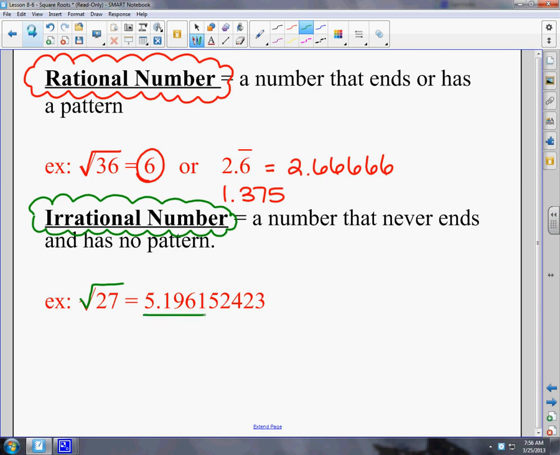Well, when I put it in my calculator, I get this long, crazy number. So that is an irrational number. Like the number pi that we just talked about, 3.1415, and then it goes on and on and on in a crazy pattern. Doesn't have a pattern. That is an irrational number.